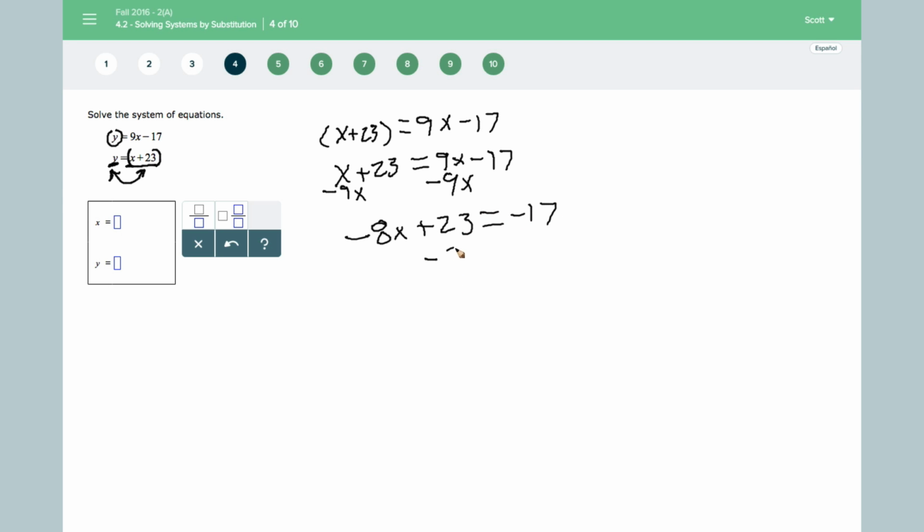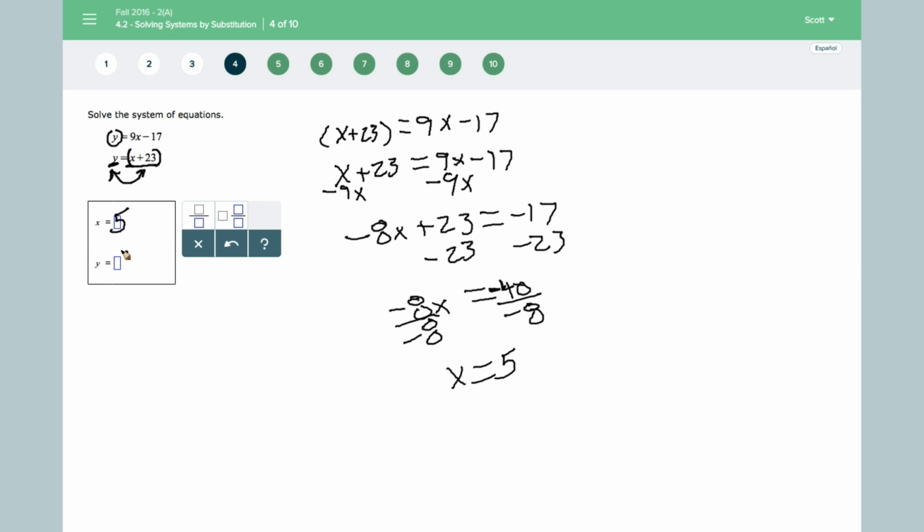Going to minus 23. That gives me negative 8x equals negative 40. Divide by negative 8. x equals 5. So that goes right there.